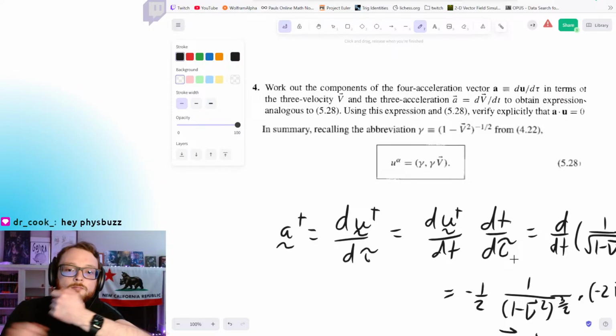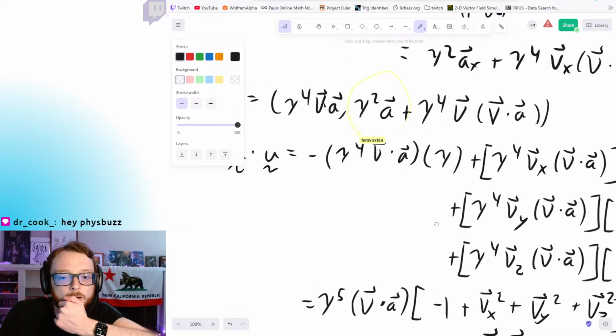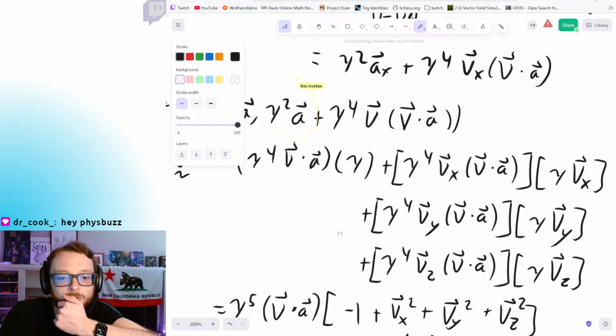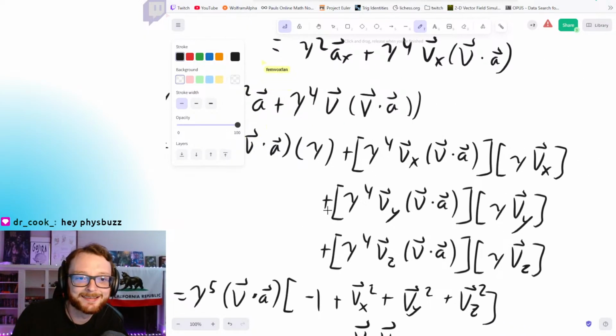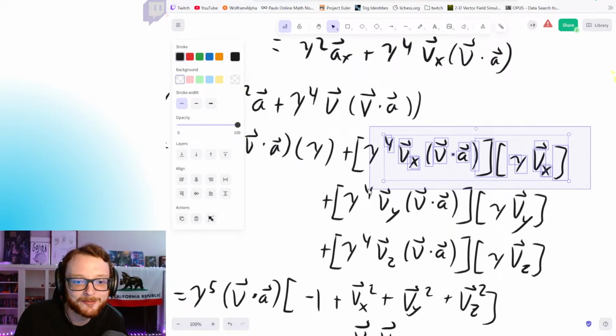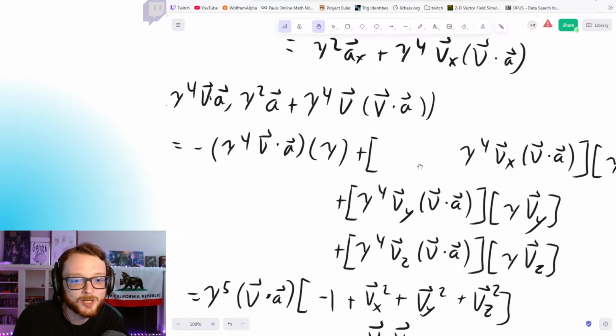What about this term here? Did you lose this one, or was this gamma squared A inside this as well? Oh my god, I'm just dropping stuff.